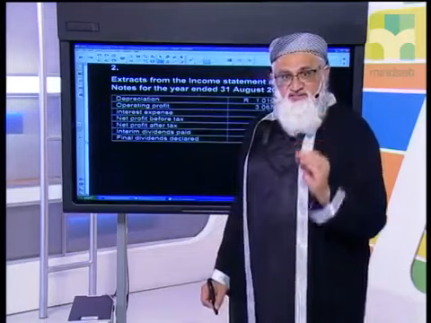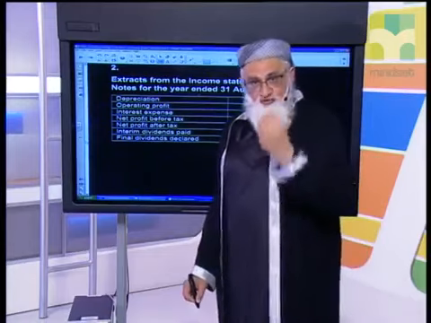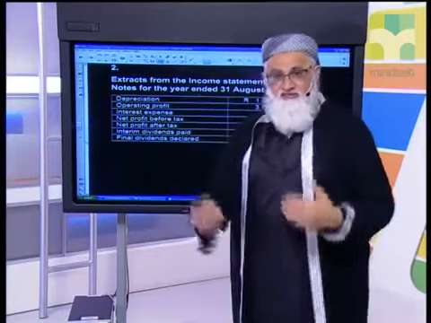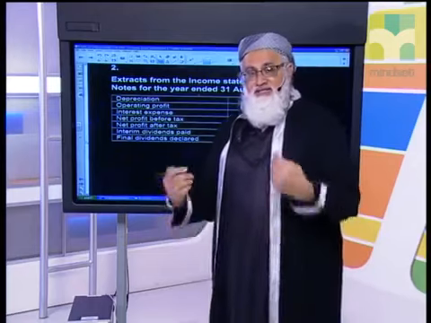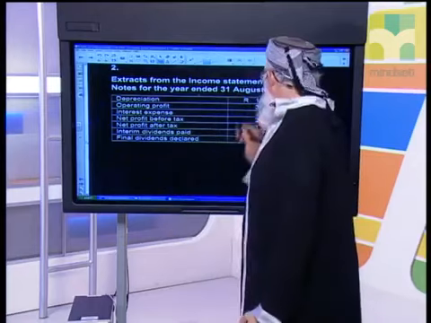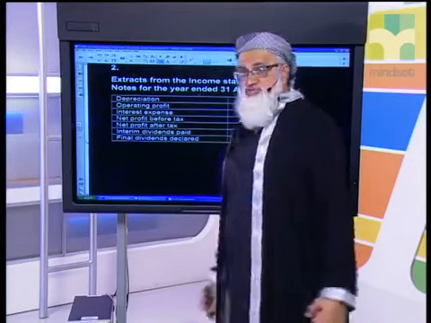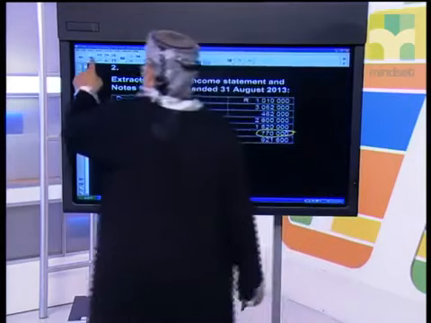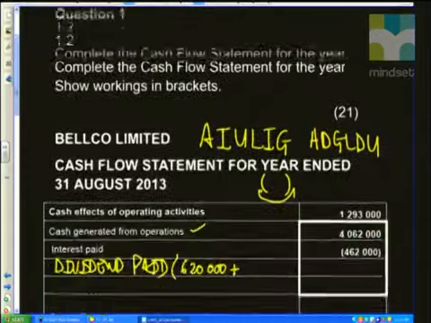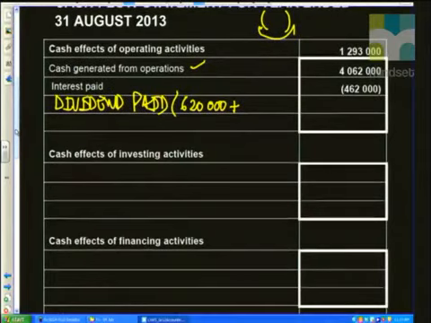Remember, with your dividends paid, you're looking for the amount of money that flowed out of the company that we paid. So there's my second component, namely an amount of 770,000. Include the 770,000 in your bracket, and therefore you can see that you've got now your dividend paid.